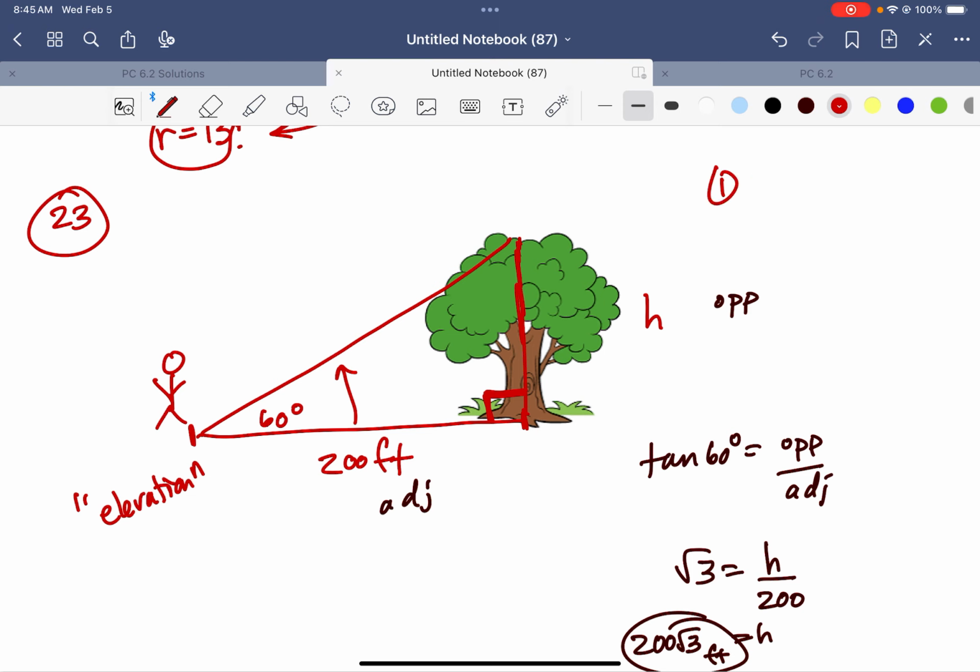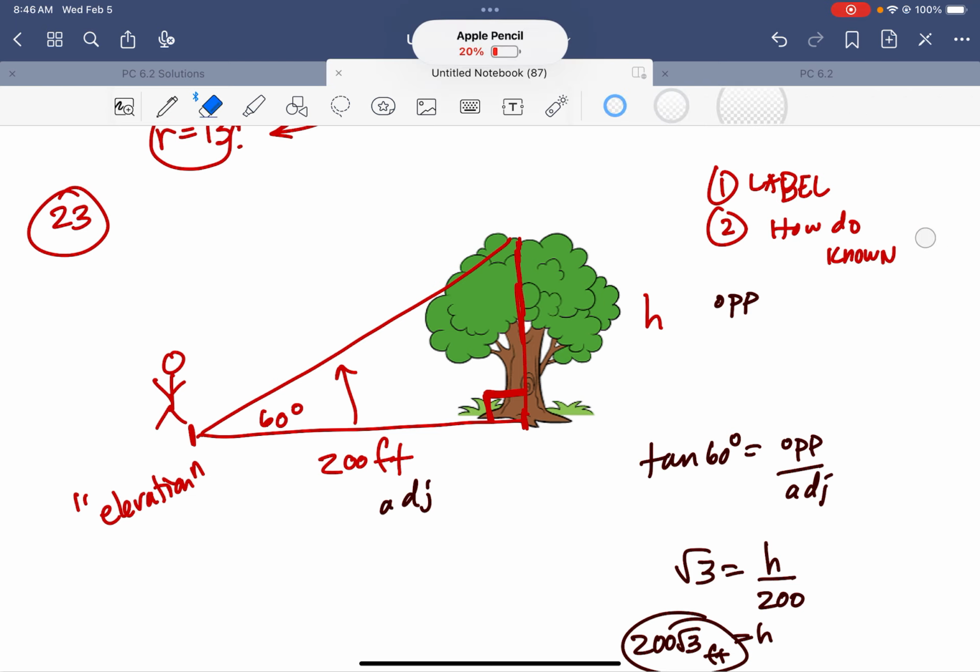So I think step 1 was to label. Step 1 was to label, and then step 2 was to say, how do known and unknown relate to each other?